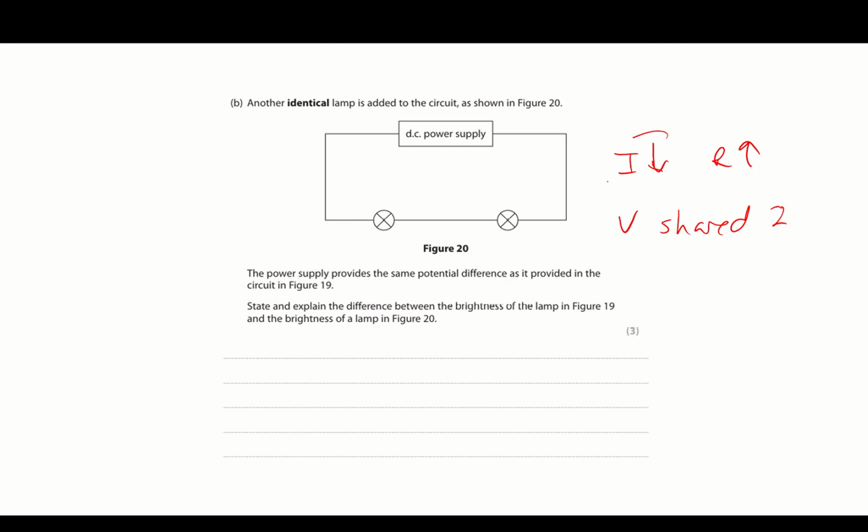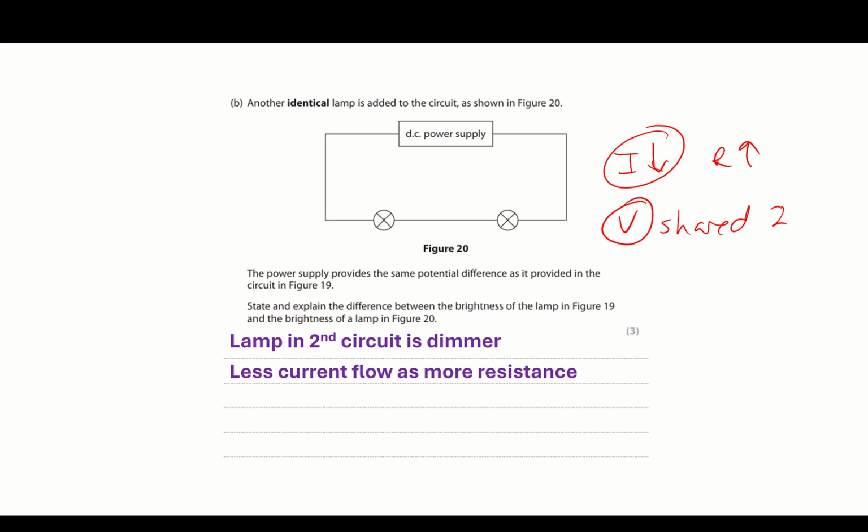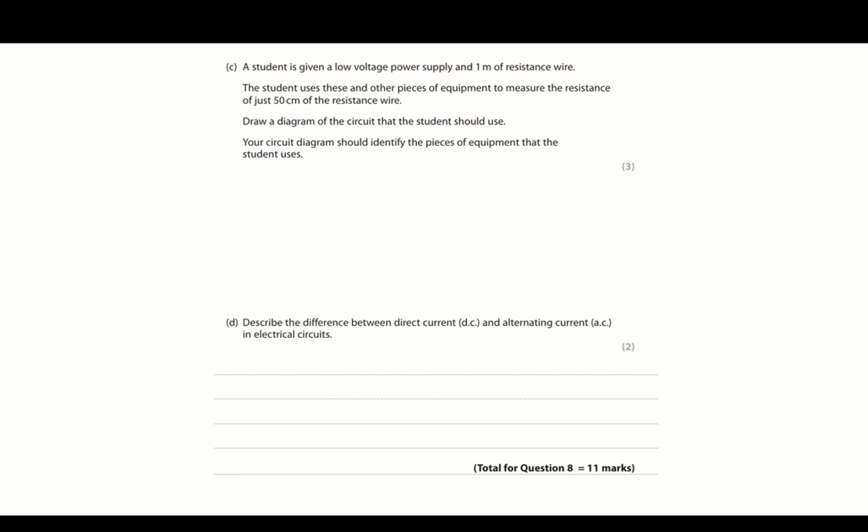So we're always going to talk about it in terms of current and in terms of voltage. So the lamp in the second circuit is dimmer, because there's less current flow as there's more resistance, done. And then the potential difference or the voltage is shared between two bulbs rather than one. So there's two things going on as to why they're not as bright, the current and the voltage.